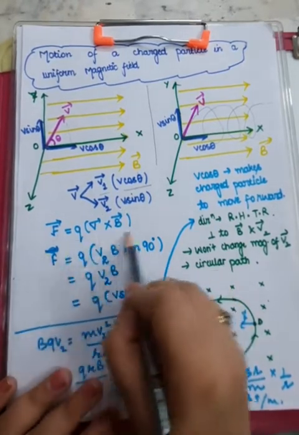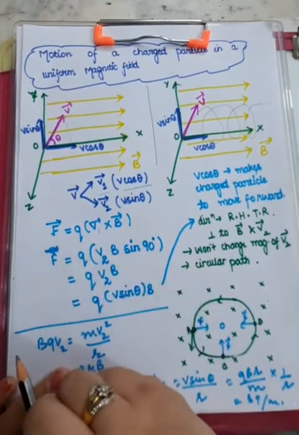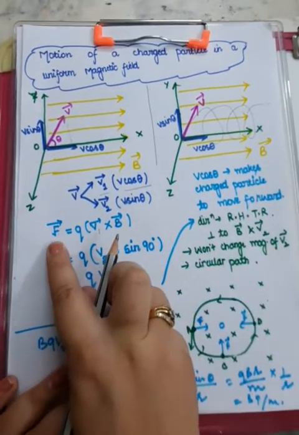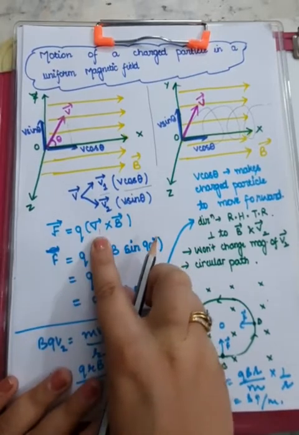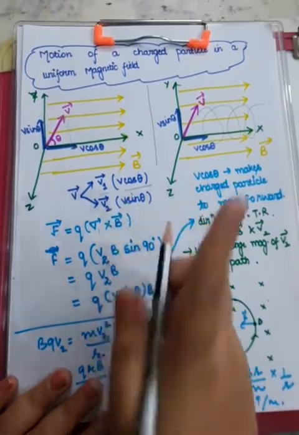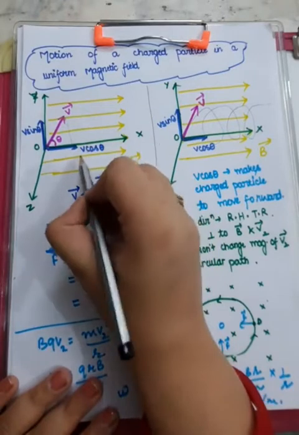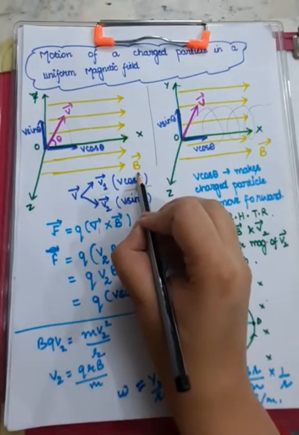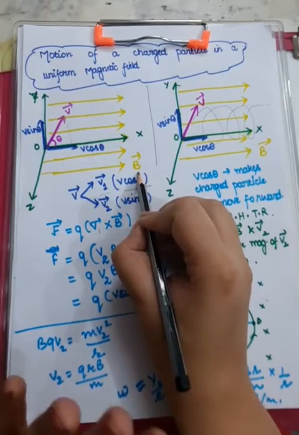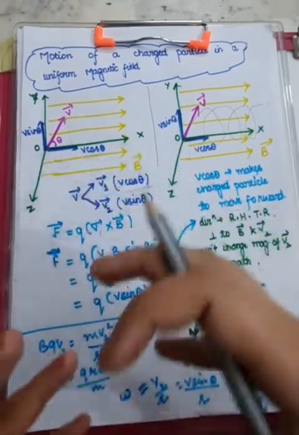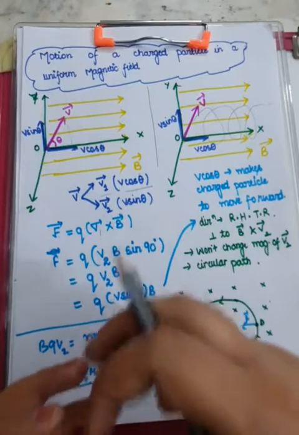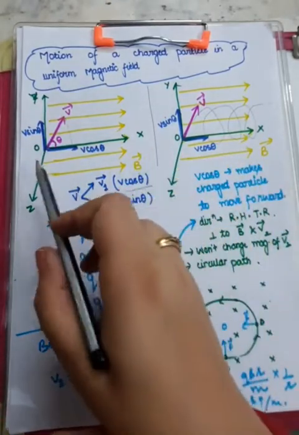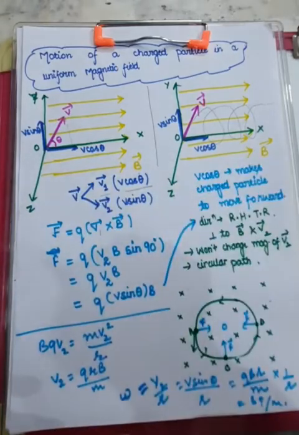If you apply this formula for v1 vector and open it, F equals q v1 B sin 0 degree, because v1 or v cos theta is making an angle of 0 degree with B, and sin 0 degree is equal to 0. It means the v1 component will not experience any force due to the magnetic field, because it is directed along the B vector.